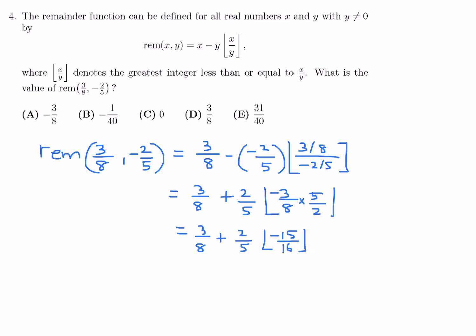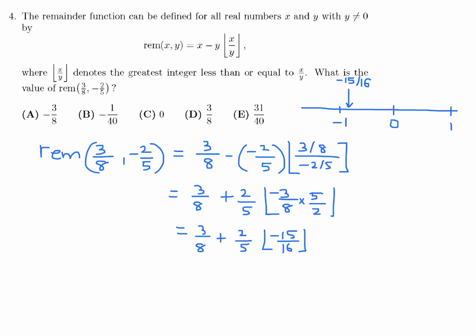Okay, so we have to carefully figure out what this is equal to. I'll just draw a very basic number line, where this is 0, this is plus 1, and this is minus 1. Negative 15 over 16 is going to be approximately here somewhere, just a little bit to the right of negative 1.